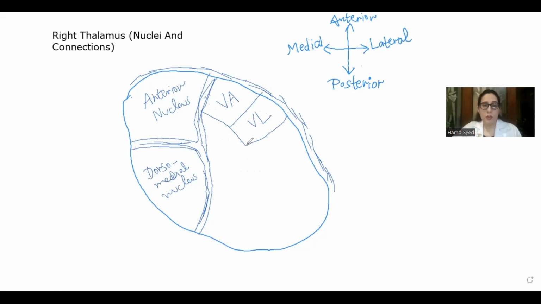Also, it consists of the VPL, which is ventral posterolateral nucleus, and the VPM, which is ventral posteromedial nucleus. Posteriorly are the lateral and medial geniculate bodies. This is the lateral, and here we're going to draw the medial geniculate bodies.